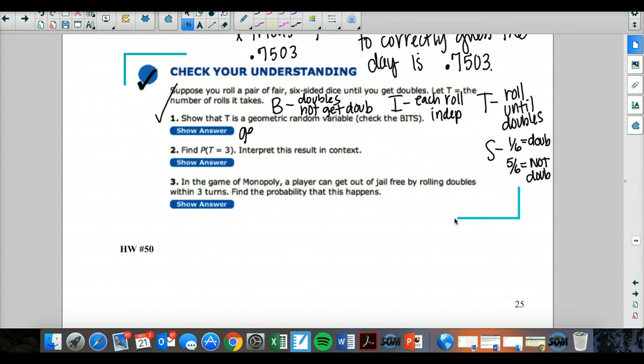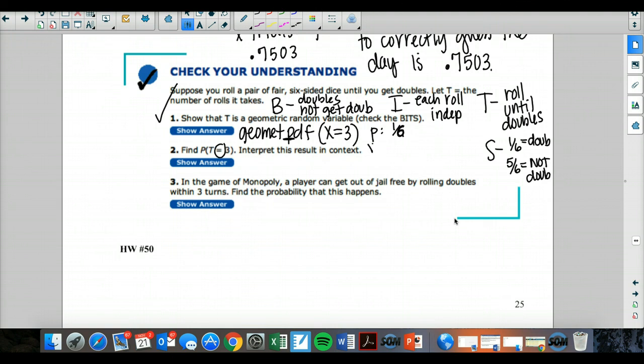Next, find the probability that t equals 3. So that is a geometPDF because it's equal to, so it's a PDF of x equals 3. So when I go to second vars, geometPDF, my probability of success is 1/6. I'm back on that other question. 1/6.